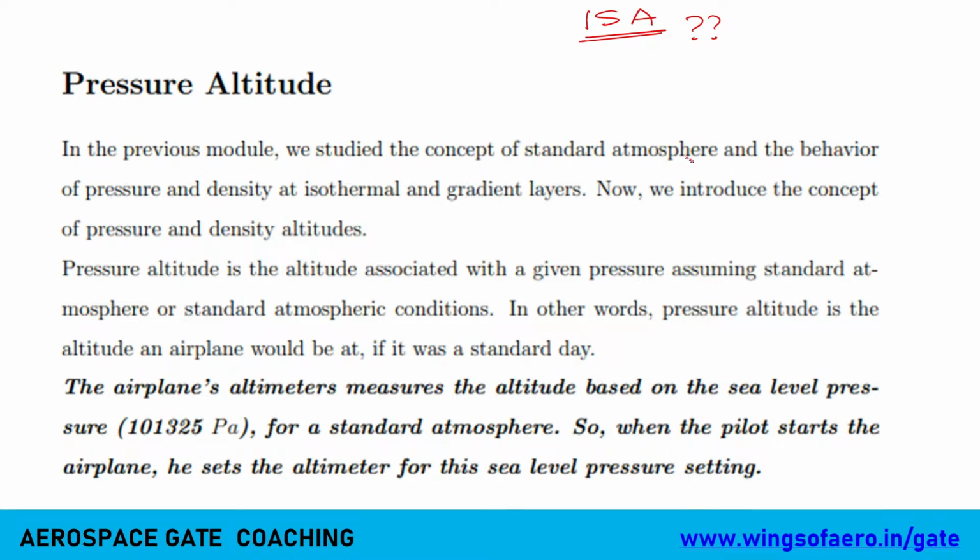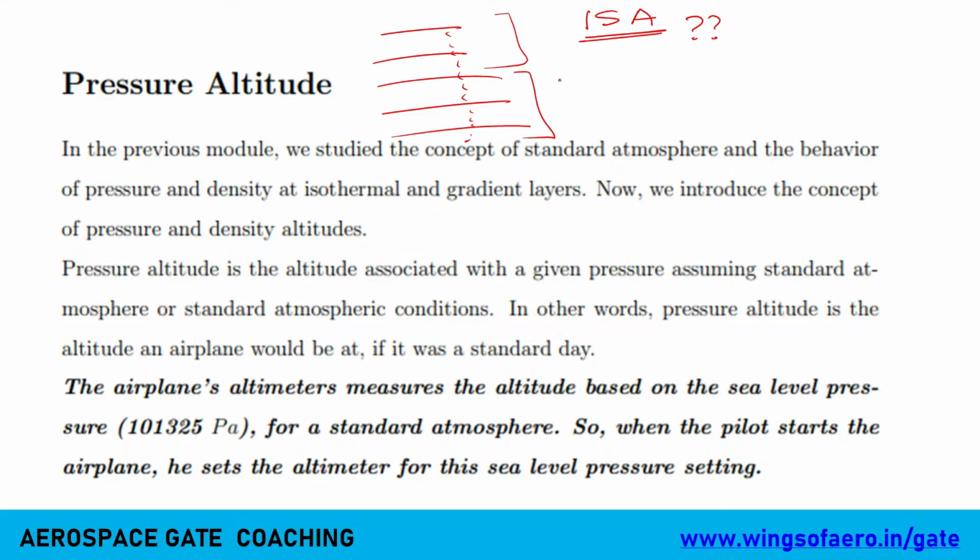We have different layers like the troposphere, stratosphere, mesosphere, each with a different altitude range. The molecules also vary. Some parts are homosphere, some parts are heterosphere.